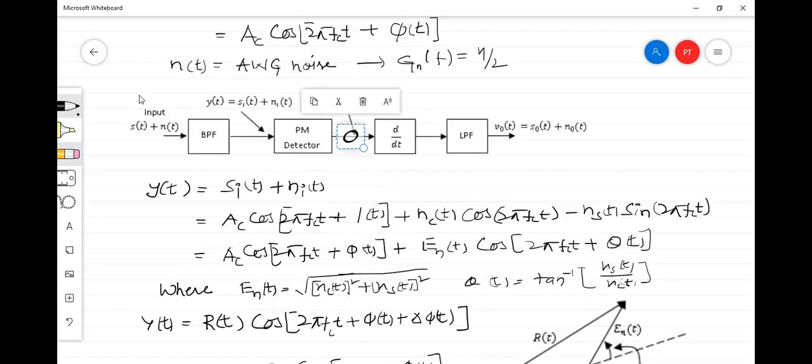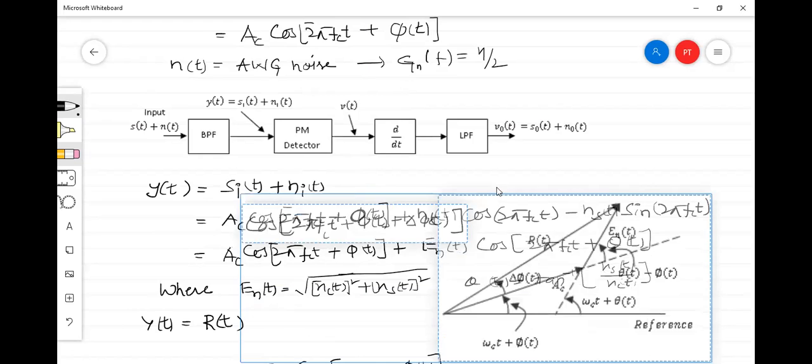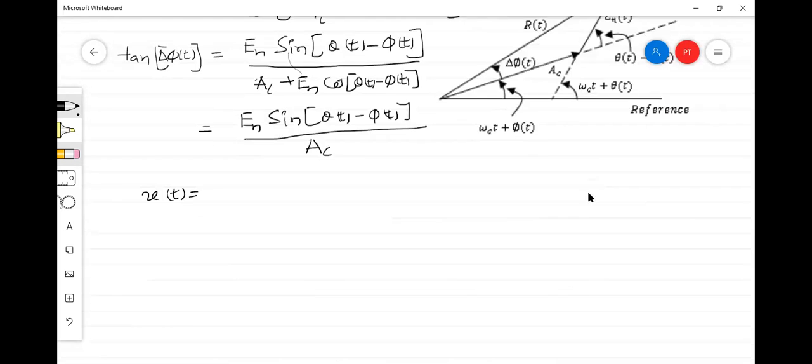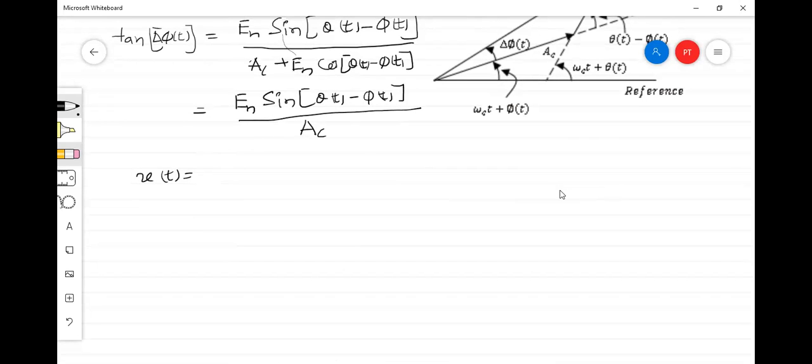So the output V of t is equal to the angle of the first one, which is phi of t, plus the second part, del phi of t. This is the output of the PM detector. From this we need to find out the other terms.